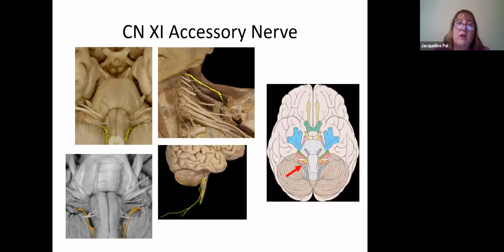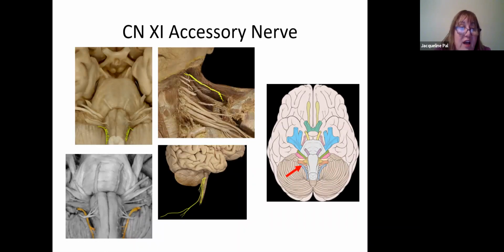So the 11th cranial nerve is called the accessory nerve. It used to be called the spinal accessory, but they changed the name. And here's why it used to be called the spinal accessory. It's this structure here, which looks kind of like a centipede. In other words, it has all these rootlets, which are actually coming off the superior portion of the spinal cord.